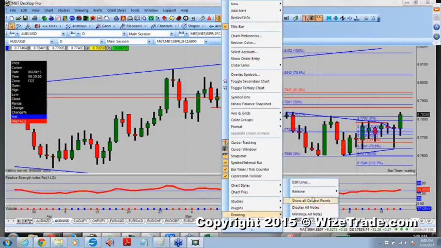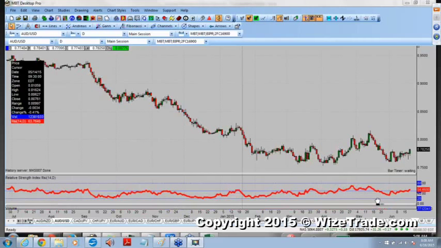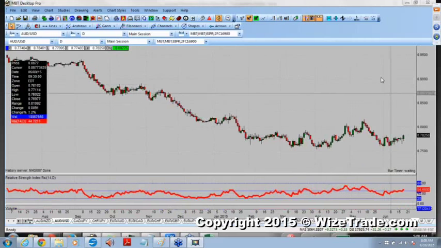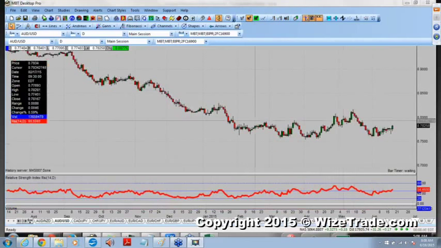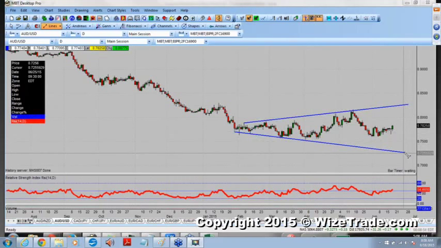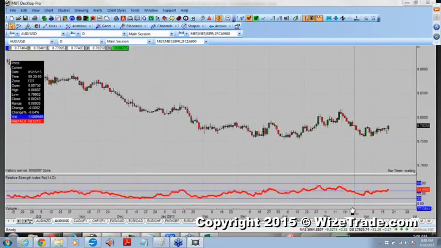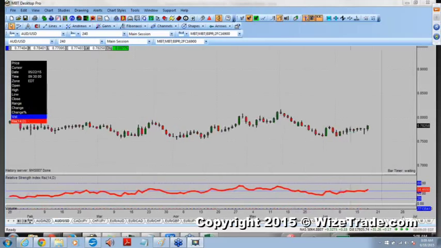let's delete everything for a moment just to get rid of the mess. We had this megaphone pattern. We're obviously getting some buying coming in with the dollar weakness overall.